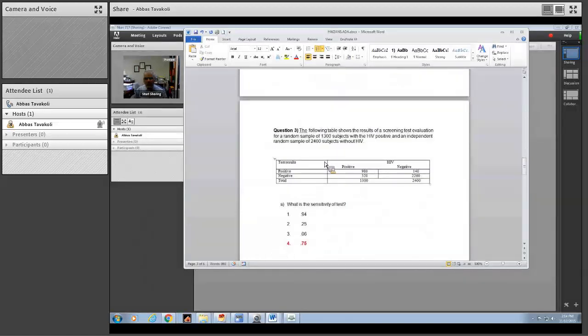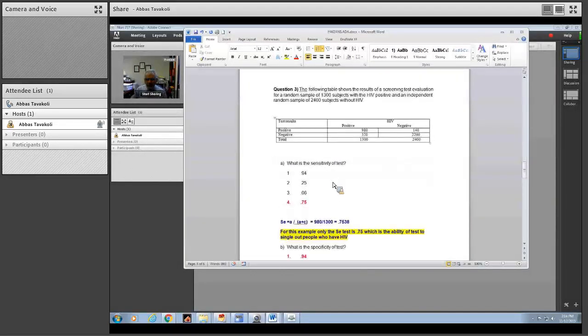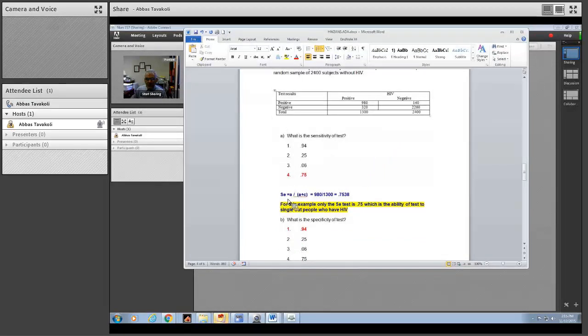So problem 3, we are looking to calculate sensitivity and specificity. Again, if you assign A, B, C, D, sensitivity is A over A plus C, 980 over 1300, which is 0.75.